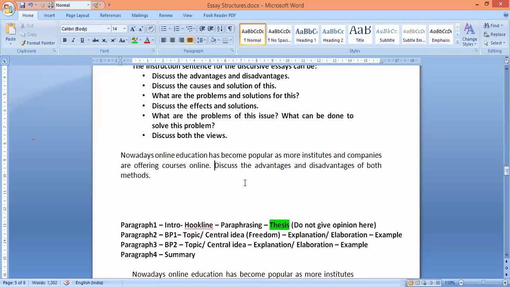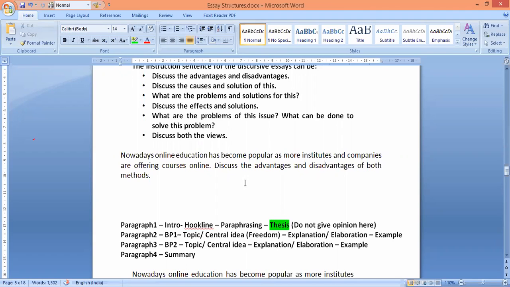So directly we can mention the advantages are so and so and the disadvantages are so and so. Yes, you can say this. Sir, we can literally mention that I am going to discuss these two advantages and these two disadvantages in the following paragraphs, is it? Yeah. See, if I am an examiner and you tell me what you are going to discuss, and you exactly discuss that, shall I say that you are an intelligent person, or you have a good hold on your ideas and your planning, or not?